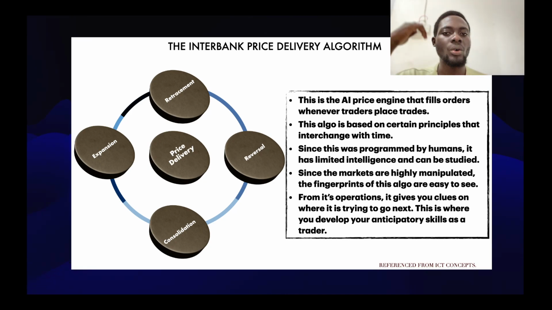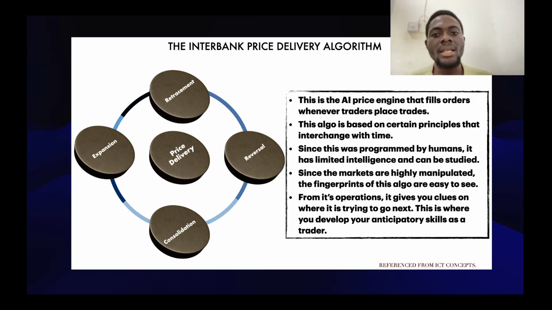So when they place orders, it's an AI that fills the order for them. You understand? That's what we believe. That's what the person who taught me how to trade believes, and it has worked for him. It has worked for me too. That's why I'm teaching it. This is what we are going to believe going forward to aid our price action forecasting.